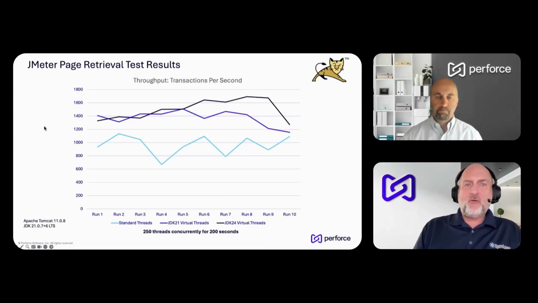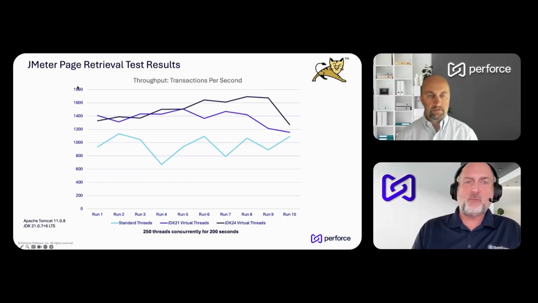And so the results that I got for this were still a bit mixed. What I noticed is, again, transactions per second, 10 different runs. And I did notice on this test that didn't have any synchronized methods or blocks, my virtual threads performed better. And they actually eventually did perform a little bit better with JDK 24. So that was a bit promising.